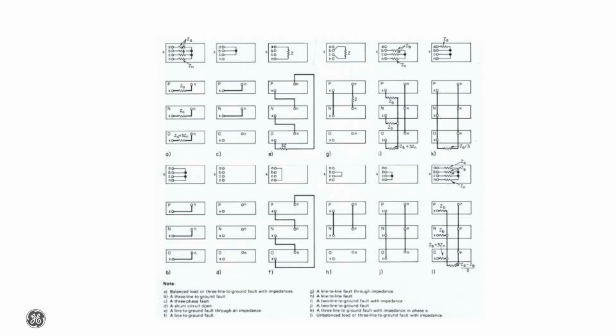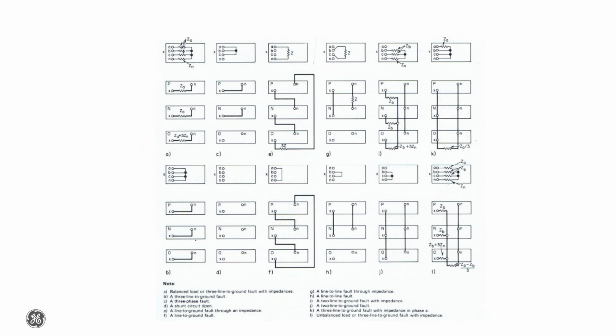Now, you can find diagrams like this in a lot of different textbooks. These diagrams represent the different ways, for different fault types, that the sequence networks are connected. Up here at the top is the fault type, and then this represents the positive, negative, and zero sequence impedance.